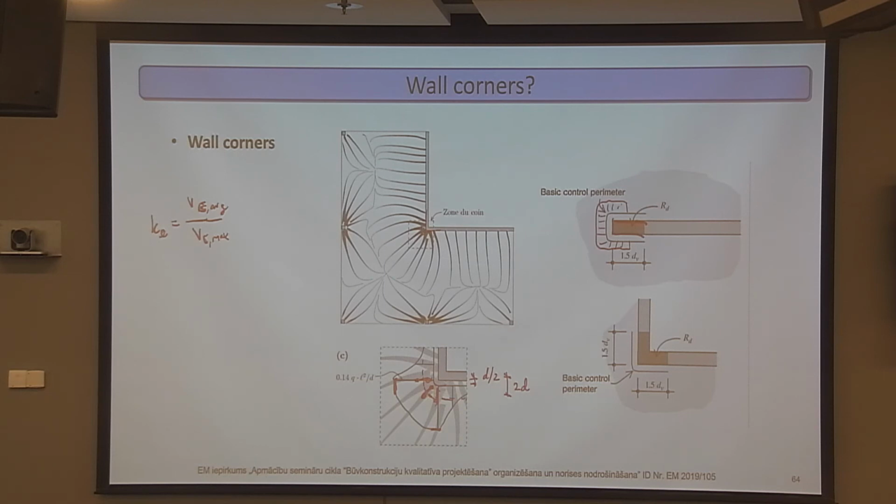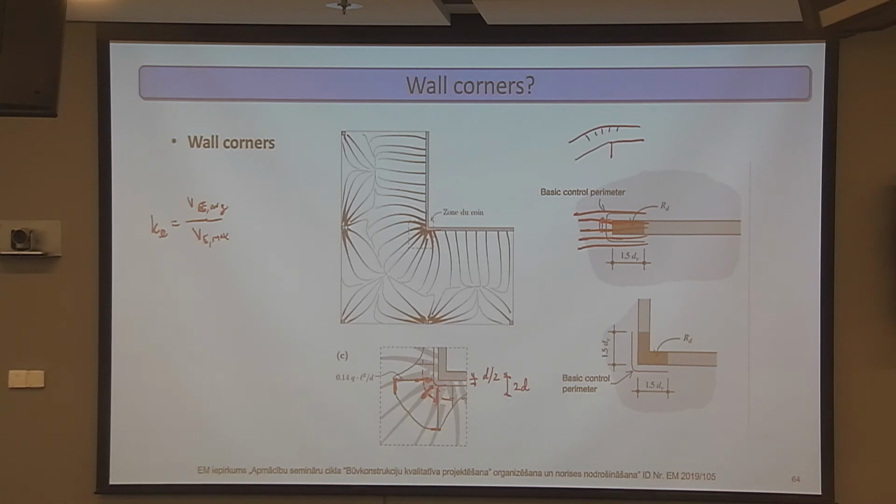So if you have flexural reinforcement in here, and this reinforcement starts yielding, because the connection is very stiff between a wall and a slab, then it doesn't take that much moment anymore. The stiffness of the connection will actually decrease automatically, and the moment transferred in this connection will also get smaller.